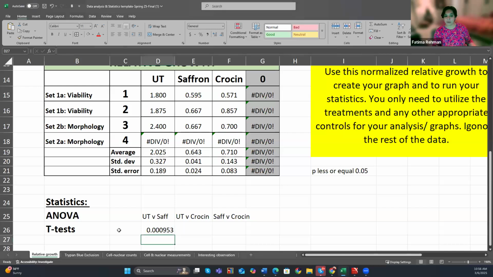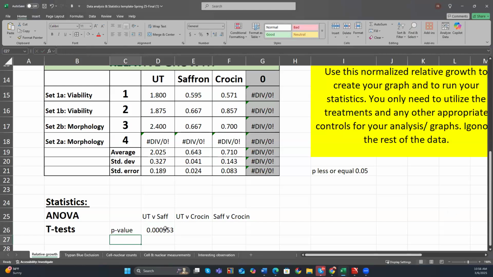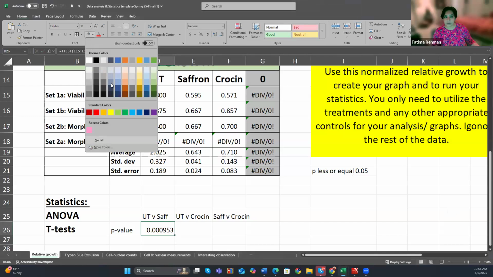So this is our p-value. Our desired was 0.05 or less, and what we got was 0.000953. Is this significant? Yes. It's very significant, right? It shows that there is definitely a very clear correlation.